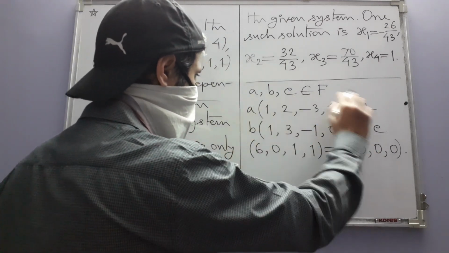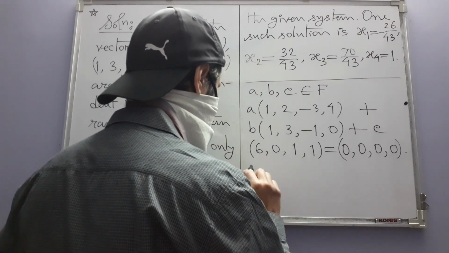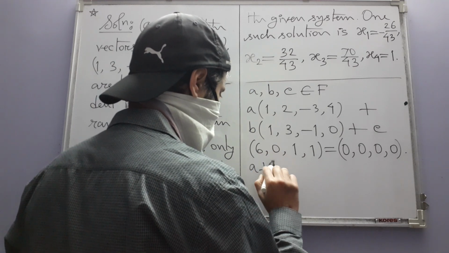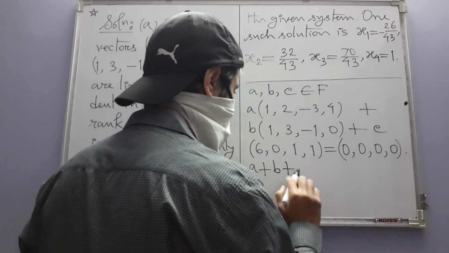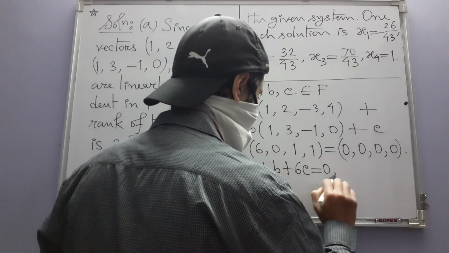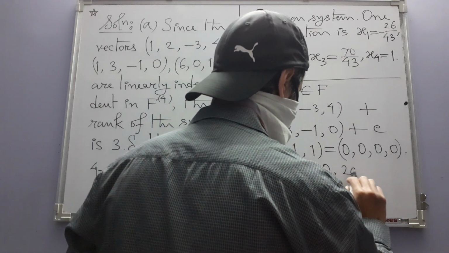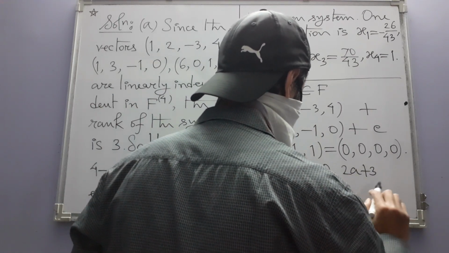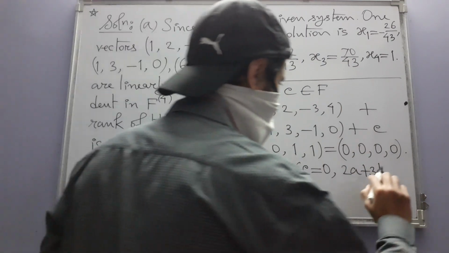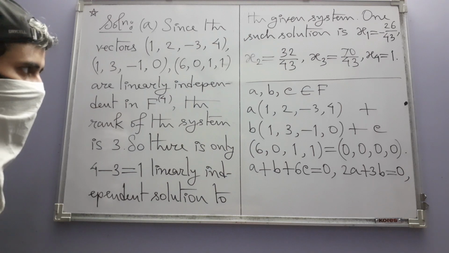So this vector equation gives rise to these four equations: A plus B plus 6C equal to 0. That is one equation. Then 2A plus 3B equal to 0. That is another equation.